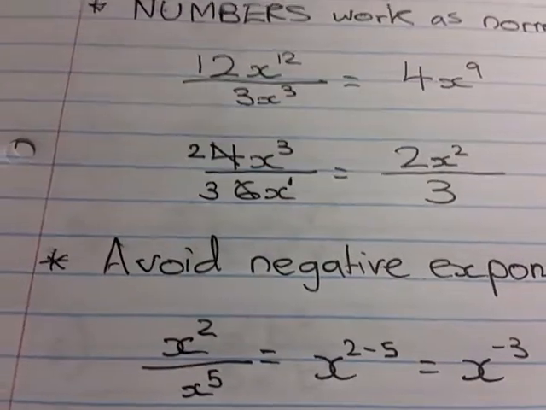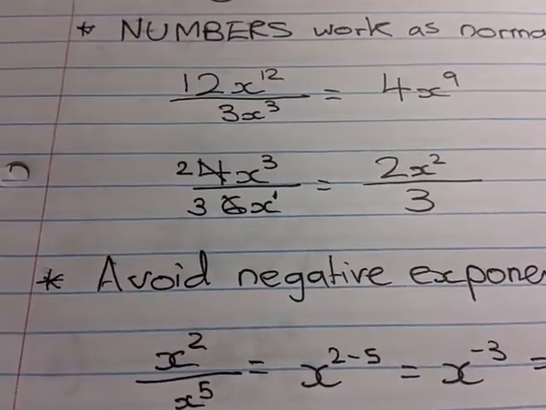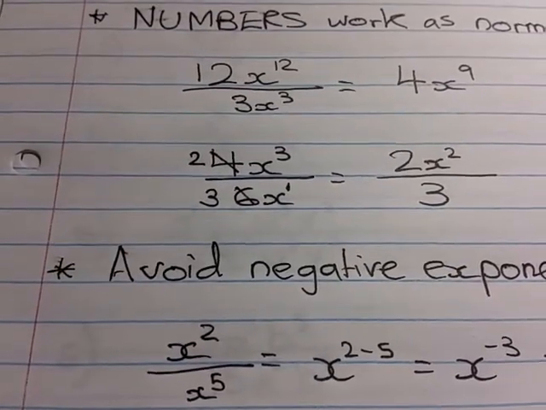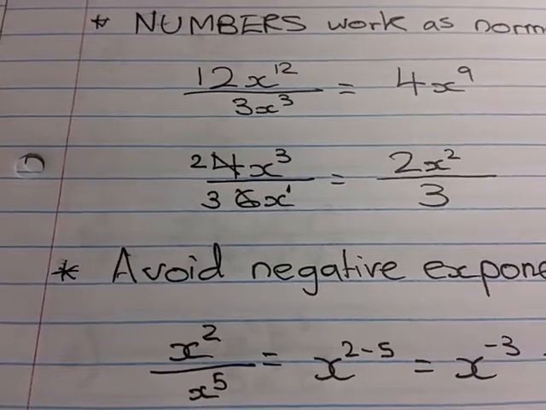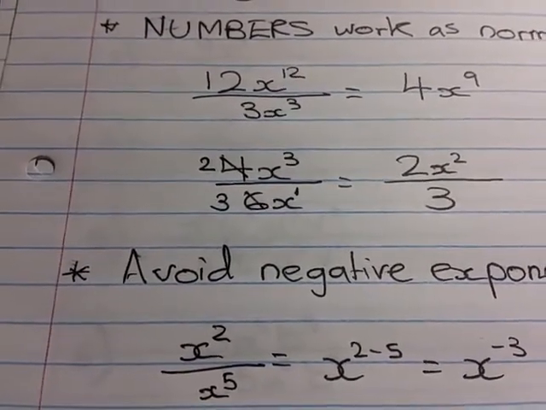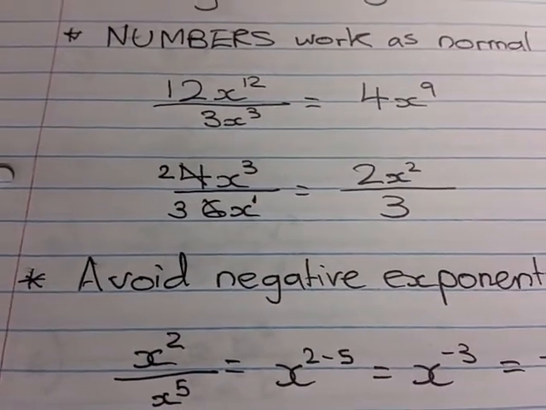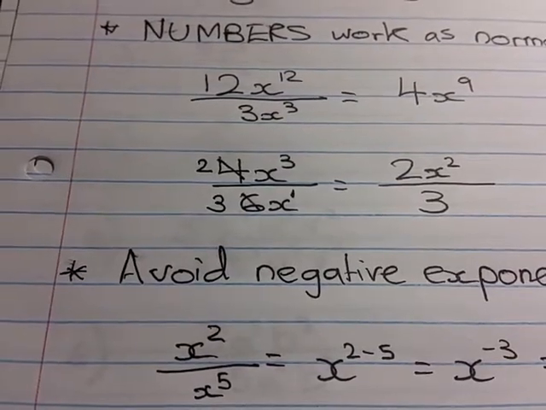However, most examiners don't like seeing negative exponents. So what they will do is that they will add an additional instruction for you to leave your answer as a positive exponent. So here you can actually convert this into a positive exponent, but how?